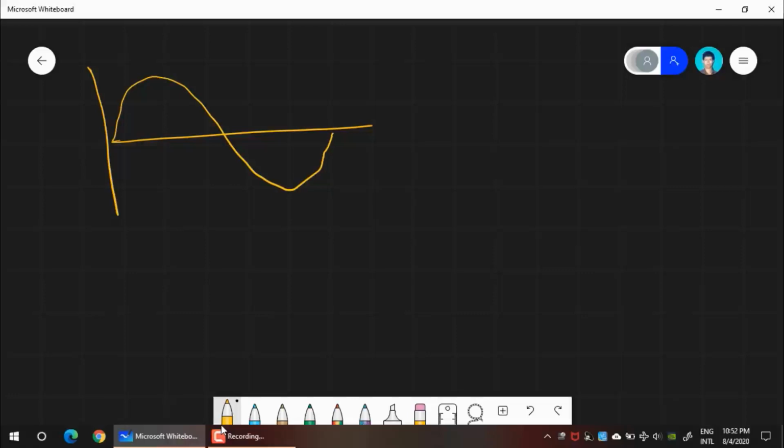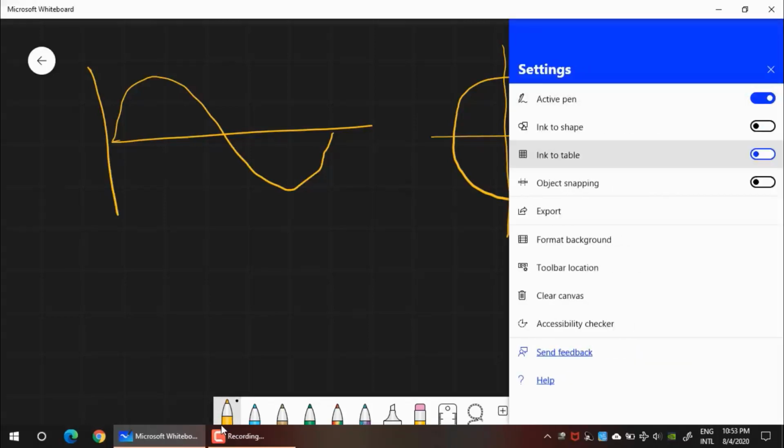Then for this sine wave, for each point of this sine wave, if you start taking projection, then what you will get for this, I'm not good at drawing, so for each and every point here you will get a circle like this. Just let me check whether I can help you with this or not.